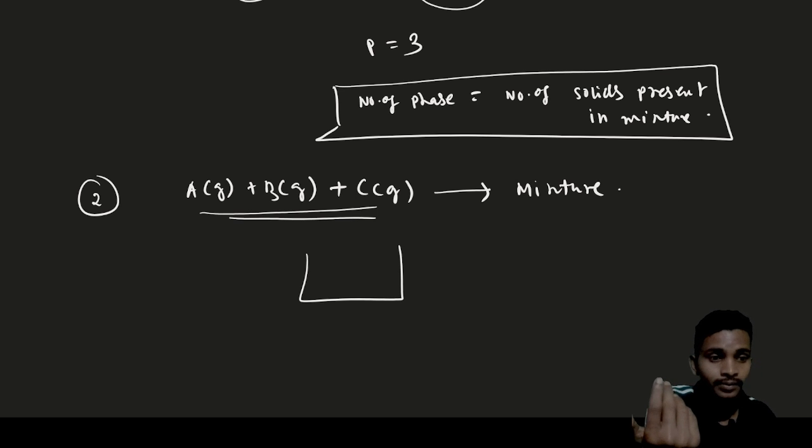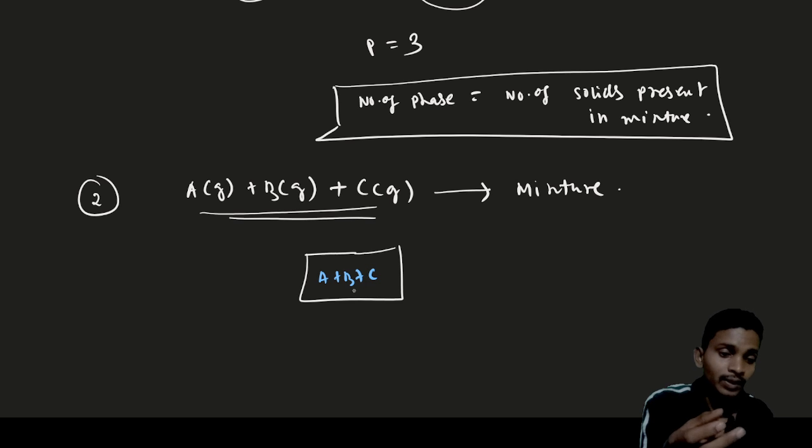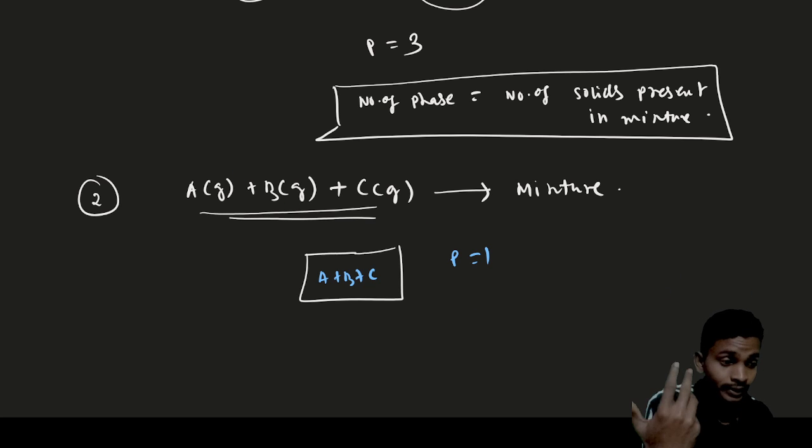Suppose in one bag we take the gases, A gas plus B gas plus C gas. If you see in your naked eye, it looks the same. So phase is 1, because we can't distinguish this in the naked eye.